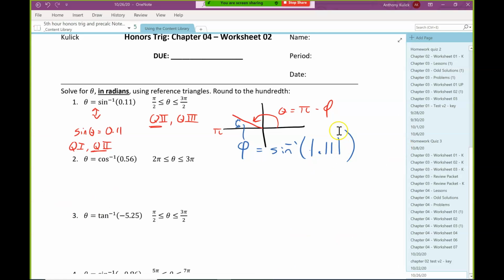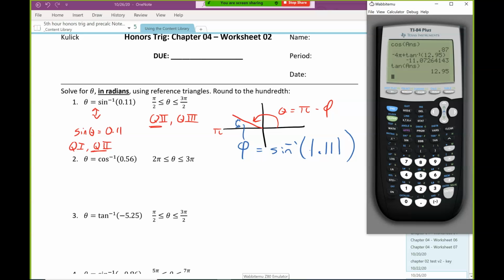So I'll go to my calculator to retrieve this value. If my calculator wants to open. There it goes. Now the absolute value of 0.11 is just 0.11, so I'm just not going to worry about typing in the absolute value. Tracy?